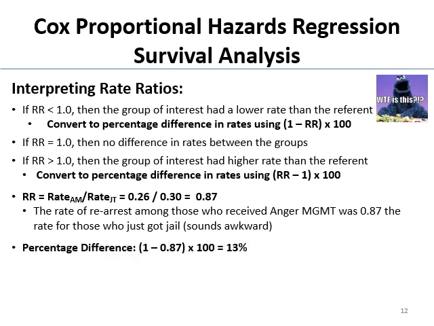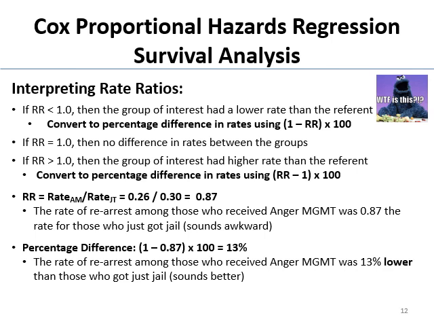So we're going to turn that into percentage difference. If you do 1 minus 0.87 times 100, you get about 13%. The rate of rearrest among those who received anger management was 13% lower than those who just got jail. People understand that when you tell them that. They don't understand the 0.87, but you convert things to percentage difference. Aha! Anger management results in 30% lower recidivism, right? People understand that, so we're going to do that in this class.